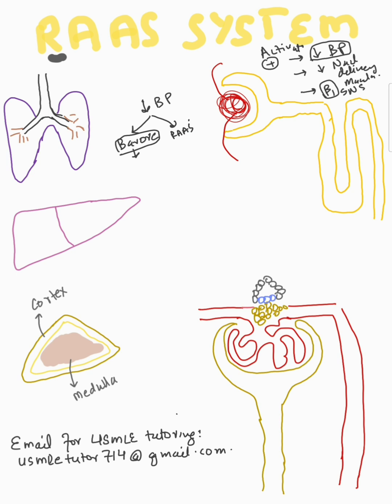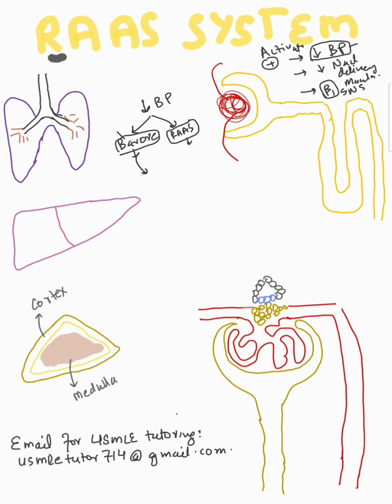These two are going to act to increase the blood pressure. Remember, the RAAS system takes time. It's a slow system. First, the baroreceptor is going to maintain the blood pressure very rapidly, but after some time RAAS is going to take over because it's also a stronger system to maintain this blood pressure. Once the blood pressure drops, the baroreceptor is the first one to act.